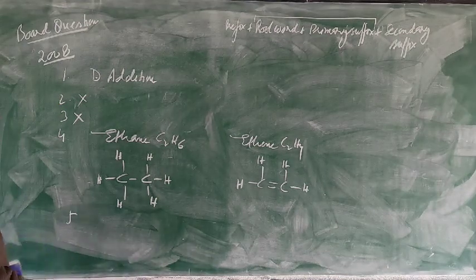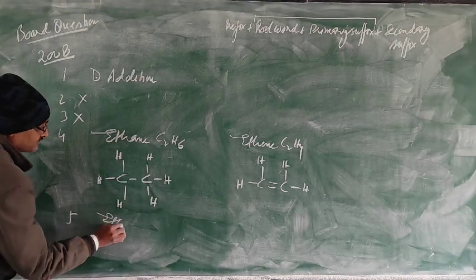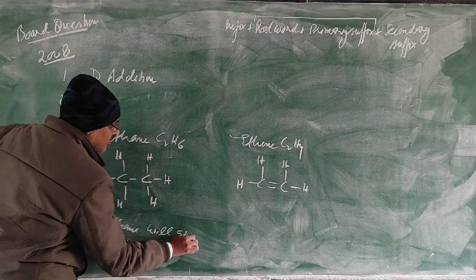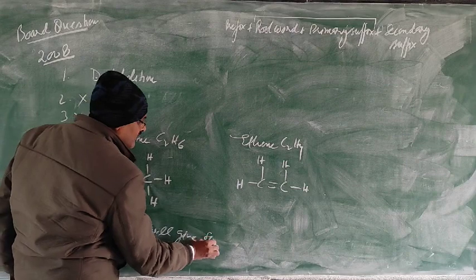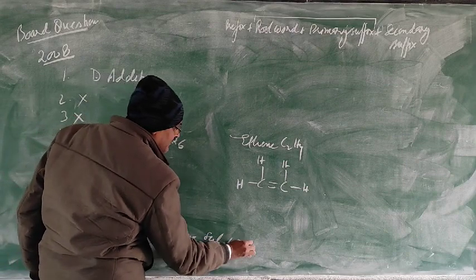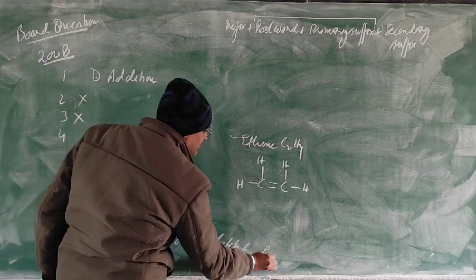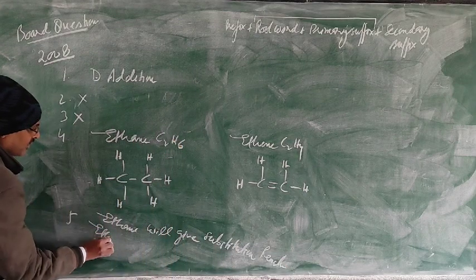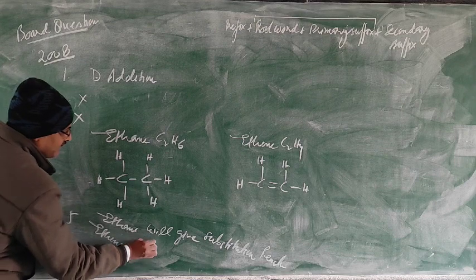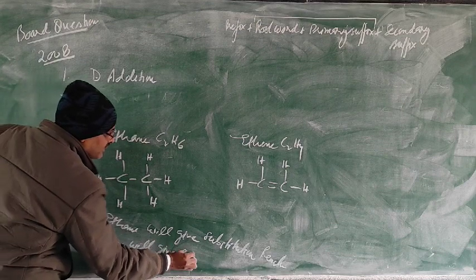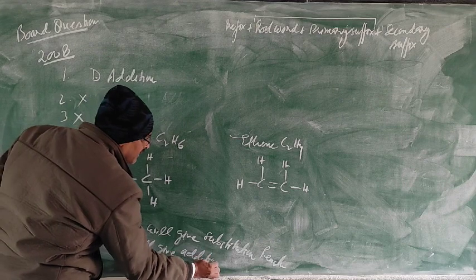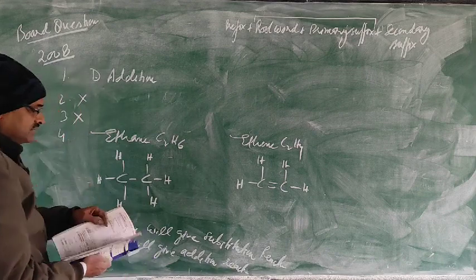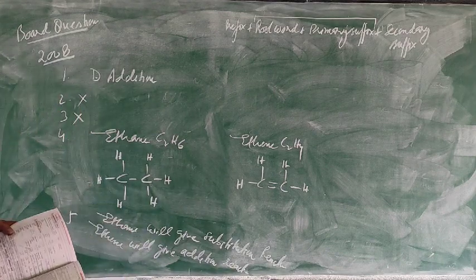Ethane will give a substitution reaction because it is saturated, and ethene will give an addition reaction. Now this fifth one is over.